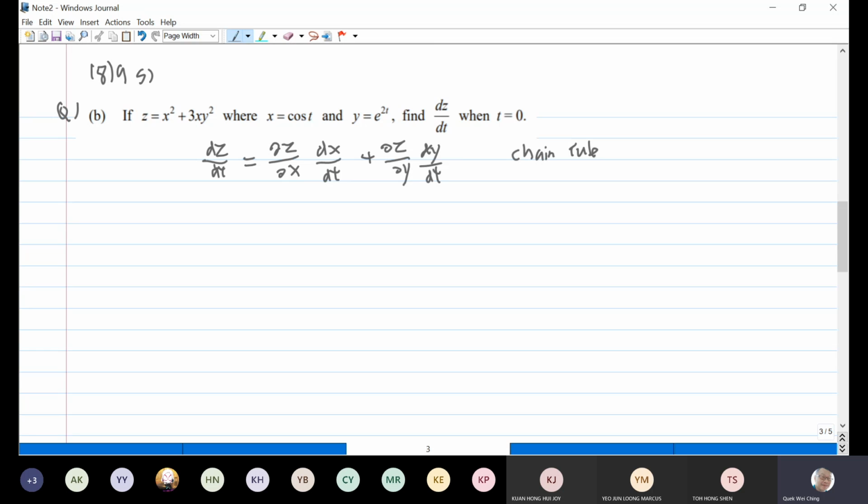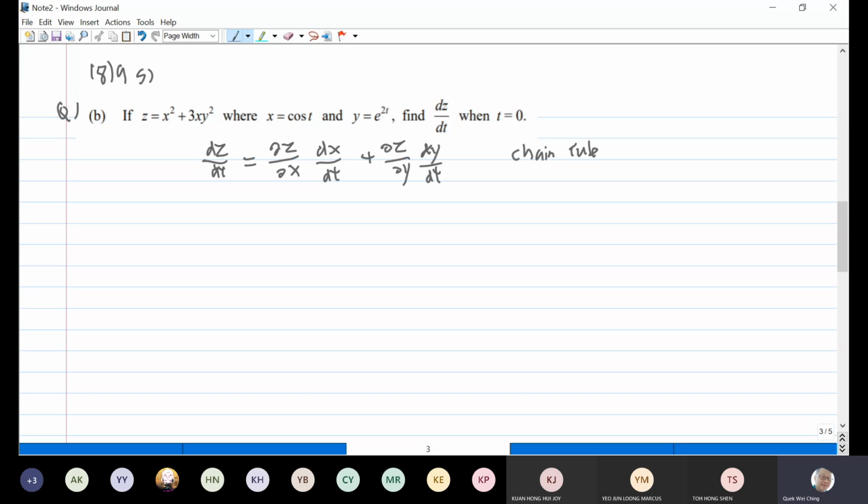The chain rule formula is inside your notes somewhere. There could be chain rule or percentage chain rule. So there are many ways you can use the chain rule.